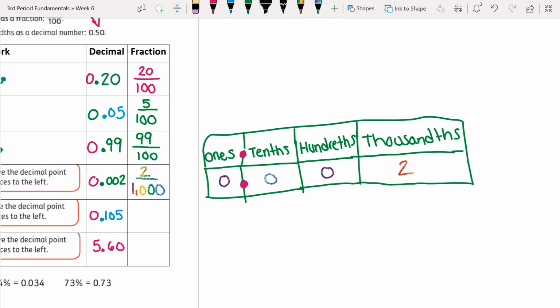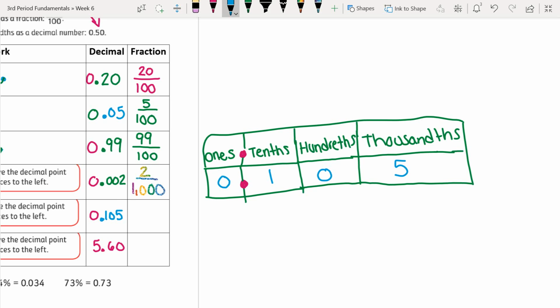I want to use the same idea for this next one, where we have 0.105. If I use this idea just to fill in my little table here, the number before my decimal is a 0. Then we have a 1. Then we have a 0. Then we have a 5.